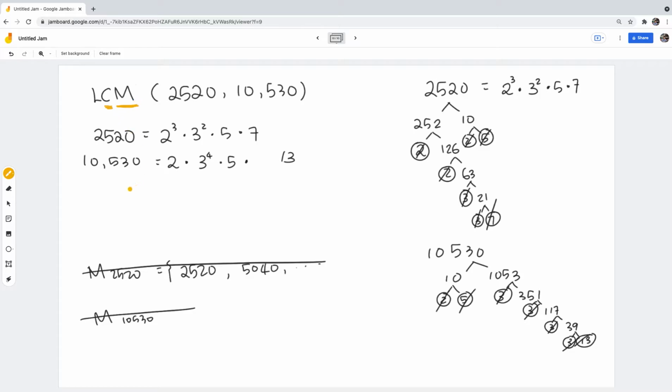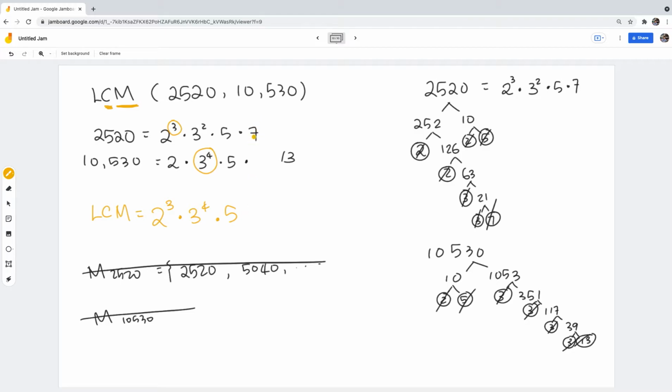So when you are finding the least common multiple, you need to look at the higher exponent between the two if the factor is common. You have a common factor of 2, so go with the higher exponent, 2 cubed, because it's a multiple. Between the powers of 3, instead of squared, take 3 to the 4th. Between 5, just 5 because it's the same.